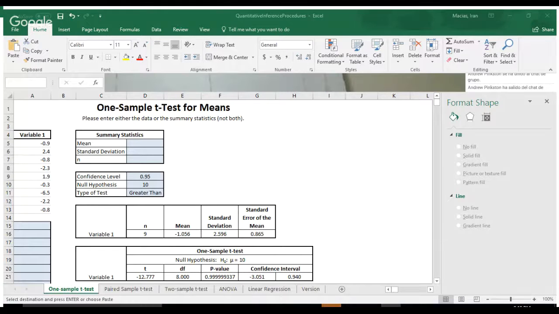Okay, cool. 0.0805. Because the p-value is always both sides, right? It's not just greater or less than. Okay.